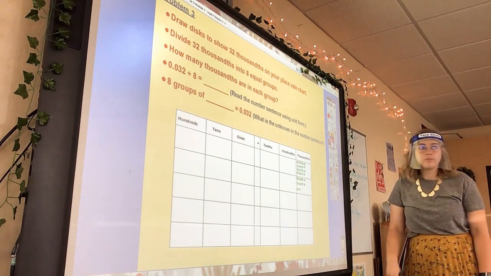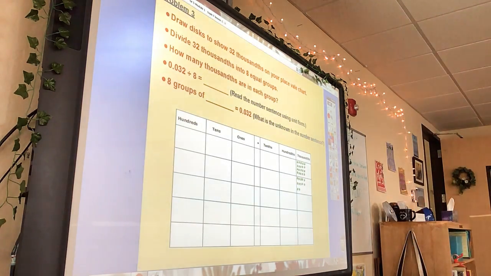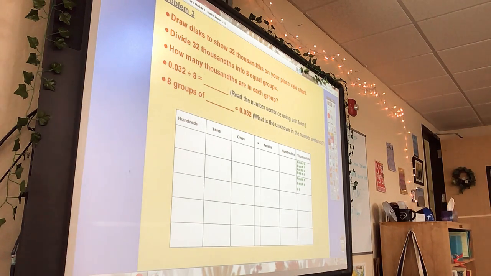No, it says into 8 equal groups, so probably 8 groups of 4. Either would be fine. Okay, about less than 1 minute to finish up.